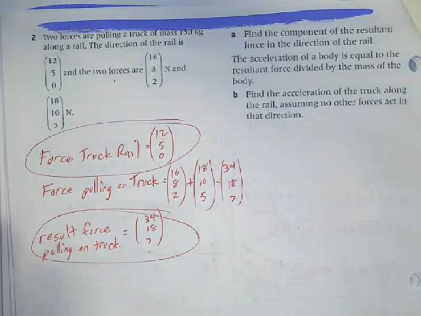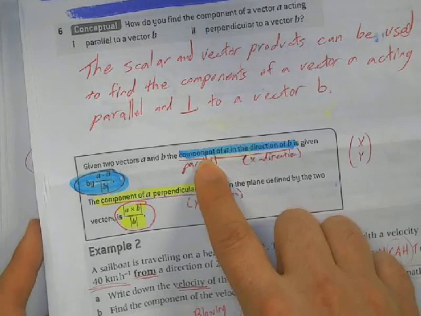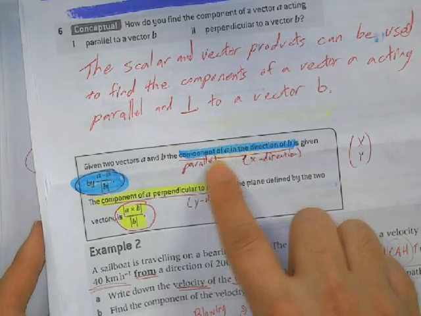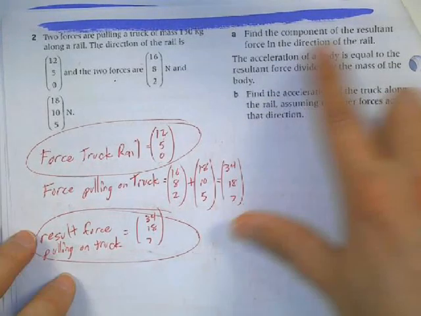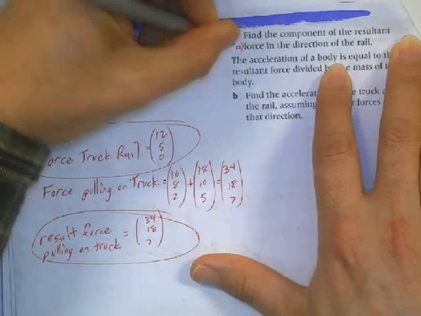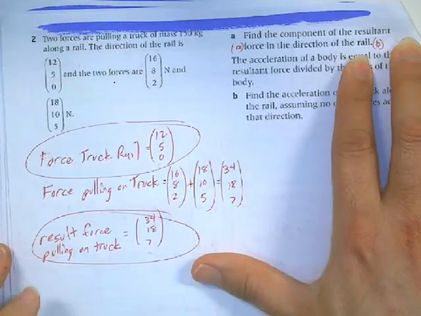Okay, so thinking about here, the component of A in the direction of B. The component of the resulting force, that's A, in the direction of the rail, that is B. One more time.